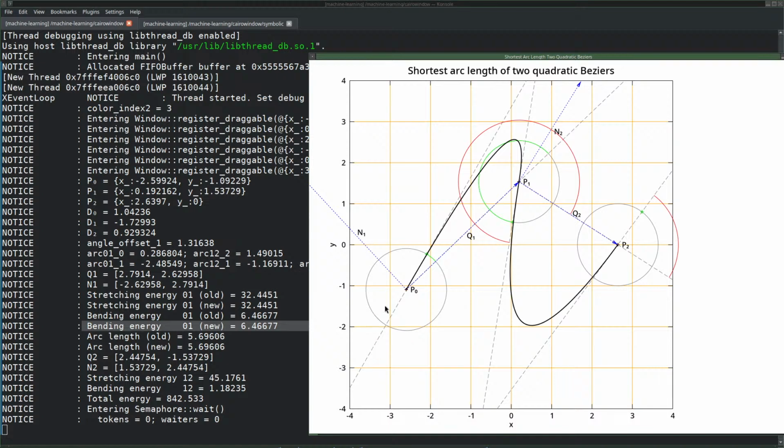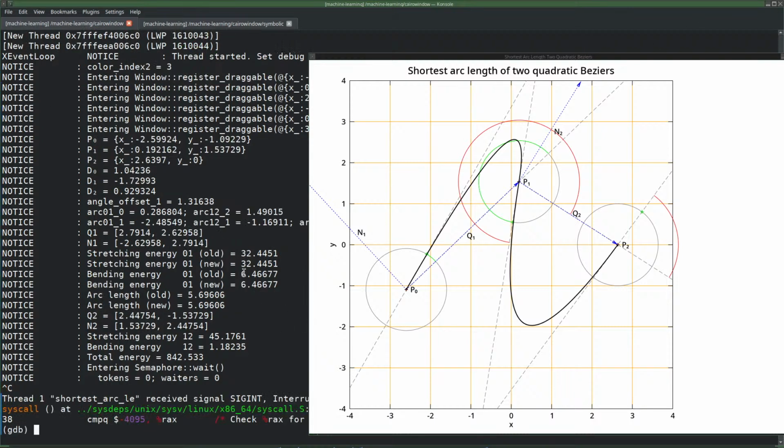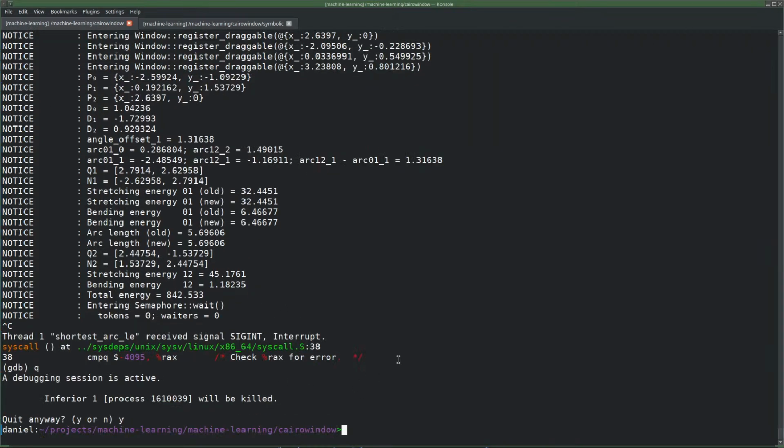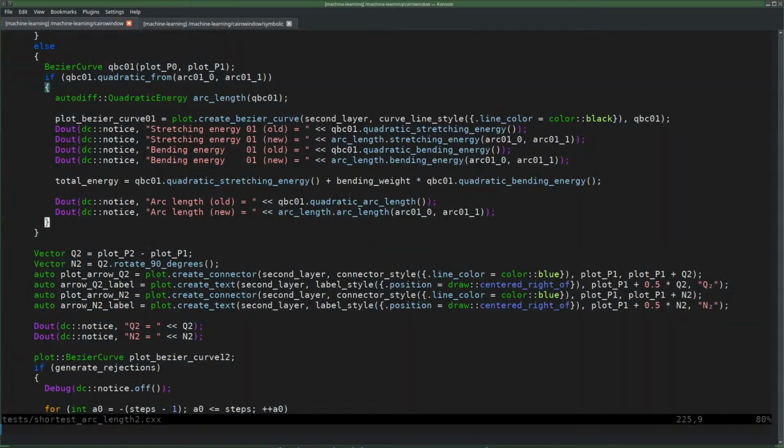Yeah, I don't print a derivative yet. What to do next?